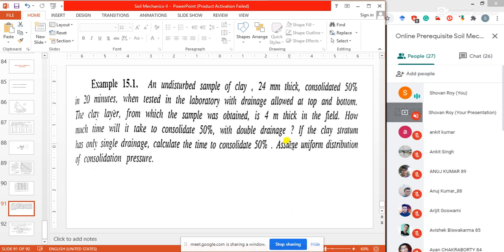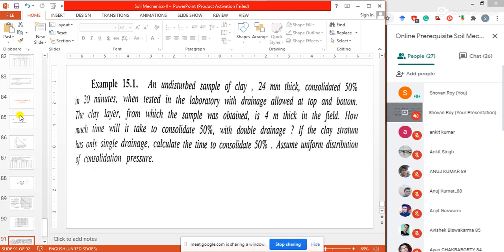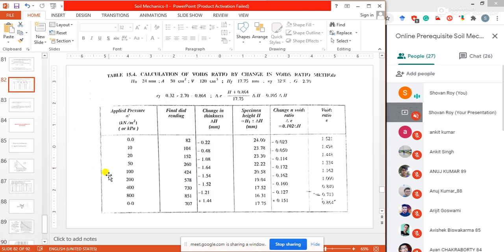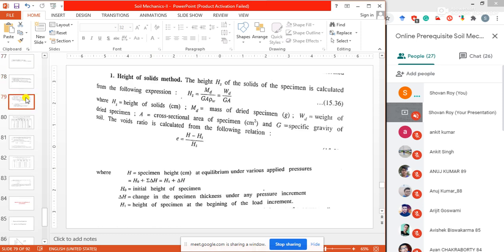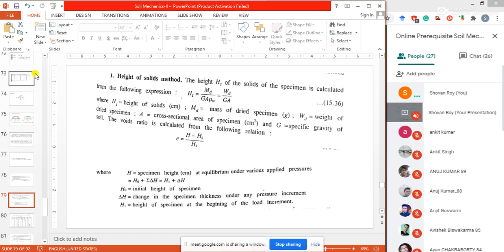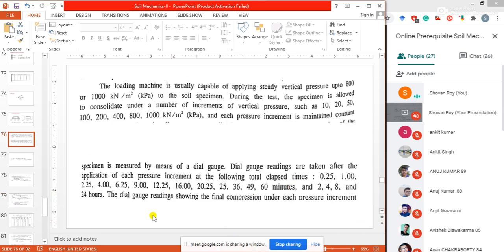And assume uniform distribution of consolidation. Uniform distribution means you are putting uniform load on the sample. Suppose the elapsed time, which you have seen, during this elapsed time we are putting the uniform load.